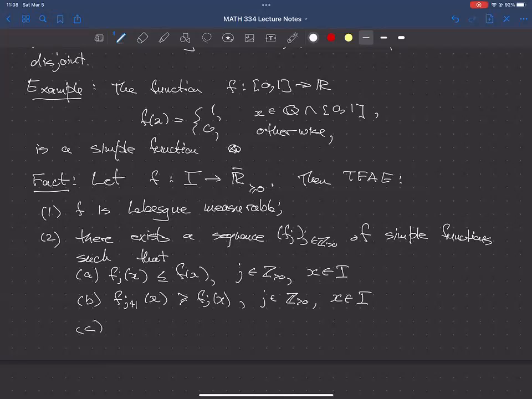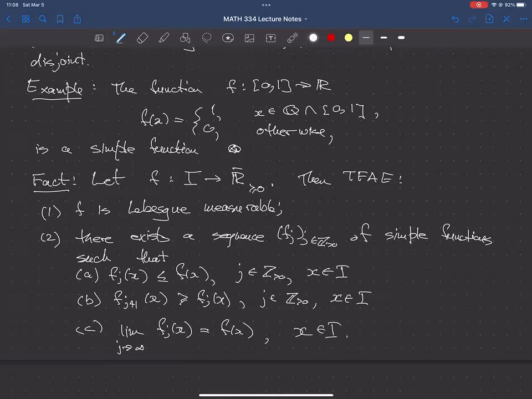And the limit as j goes to infinity of fj of x is equal to f of x. And this holds for every x.